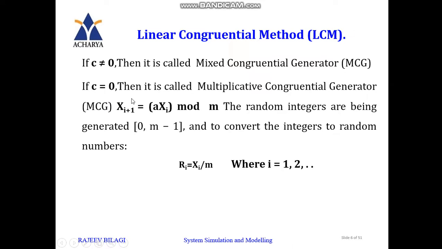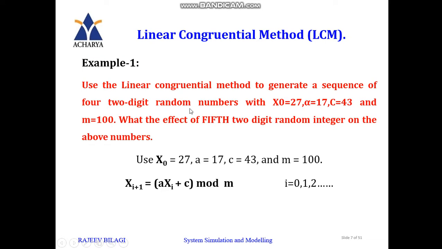This will generate random integers between 0 and m minus 1. To convert these random integers to random numbers, we do R of i equals x i by m, where i equals 1, 2, 3, 4, 5, and so on. Now using this, we are going to solve a problem on how to generate these random numbers.